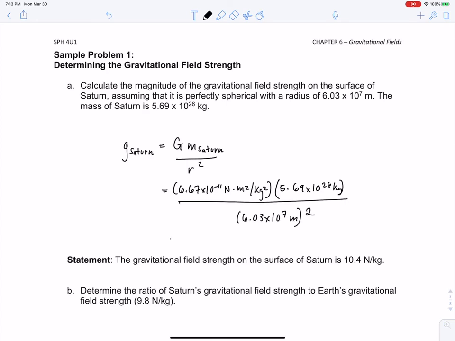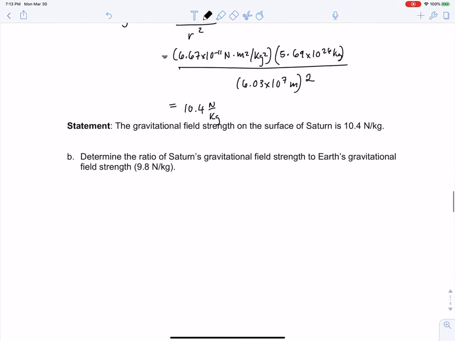Don't forget to square it. Punch this all into our calculator, and you end up with 10.4 newtons per kilogram. Therefore, the gravitational field strength on the surface of Saturn is 10.4 newtons per kilogram.